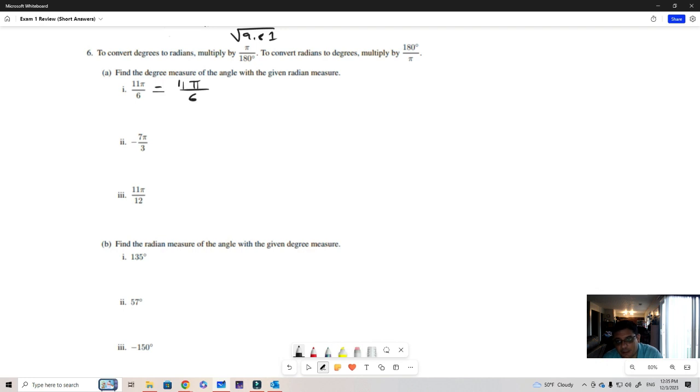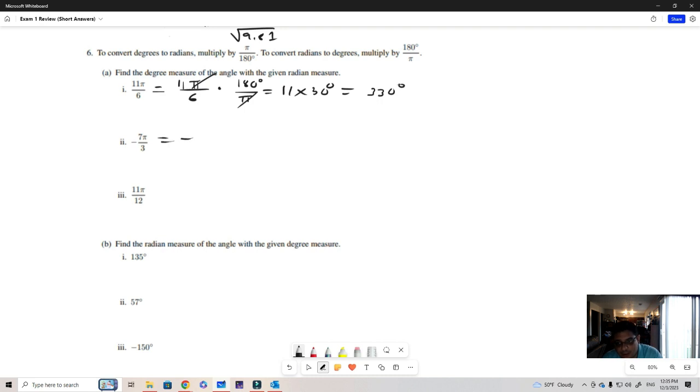So we see here 11 pi over 6 multiplied by 180 over pi. This will be transforming this to degrees, sorry. Yeah, so you get to cancel the pi. And this 6 with this becomes 3, so this is 11 times 30. And so that will be 330 degrees.